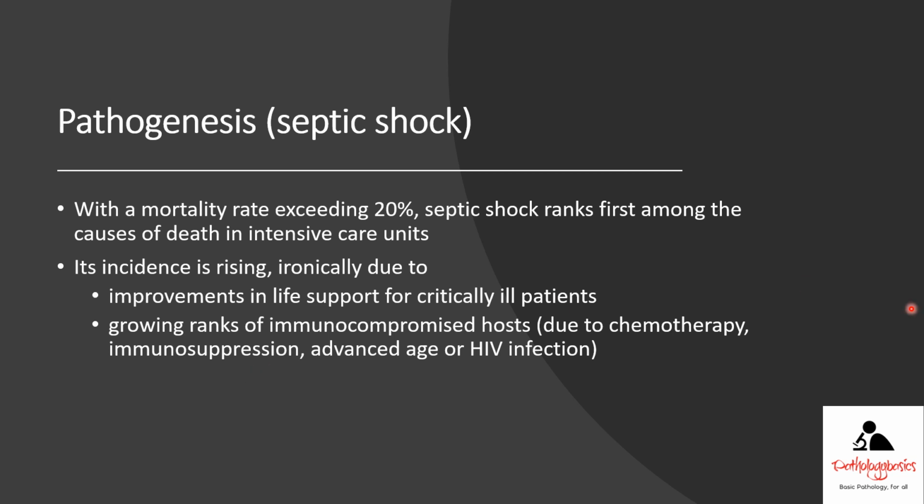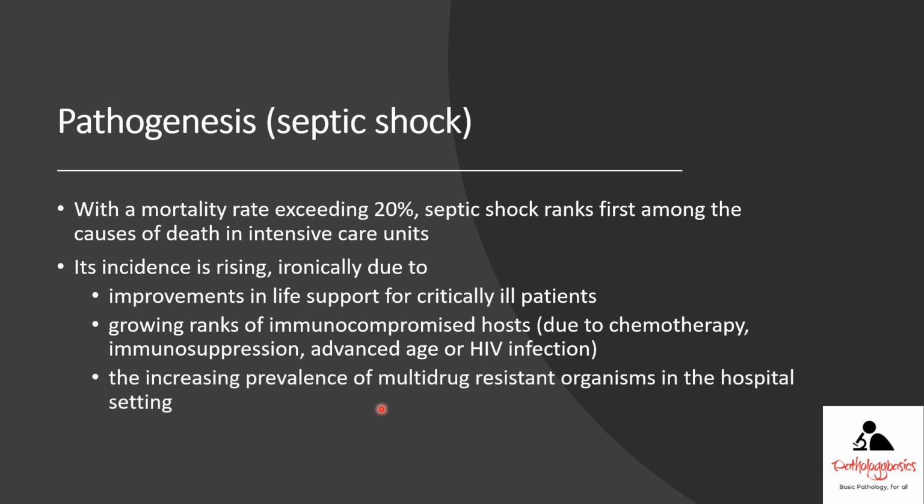All this is creating a subset of patients who are coming to the ICU requiring life support. There is increasing prevalence of multi-drug resistant organisms. As you know, the resistance to drugs is increasing. So all these three reasons are leading to increased incidence of septic shock.